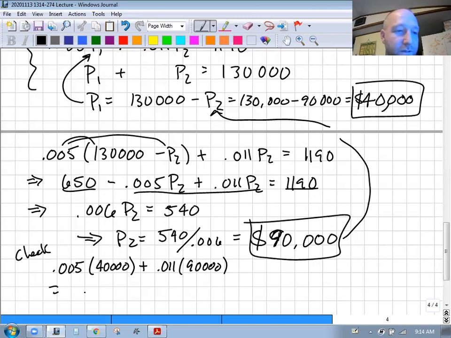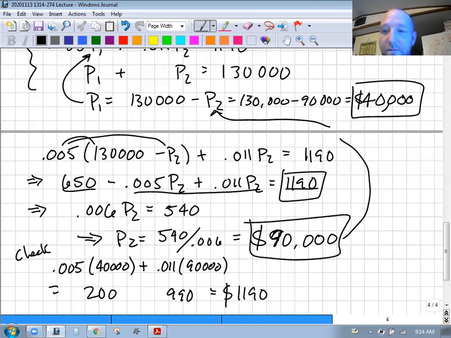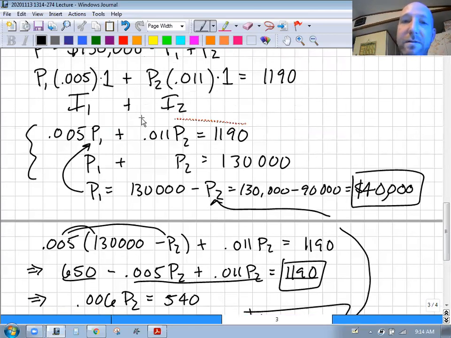So let's see. 0.011 times 90,000 is 990. 40,000 times 0.005 is 200. So this would be, yeah. All right, so that's one way to do it.